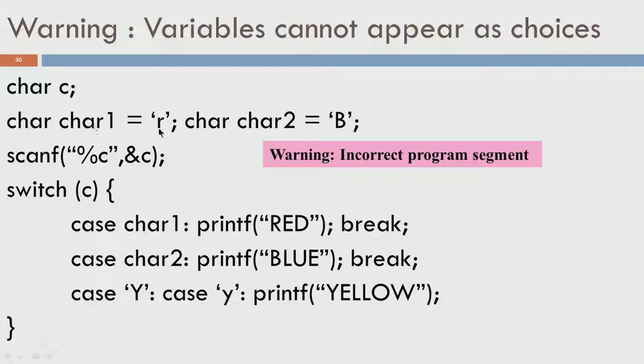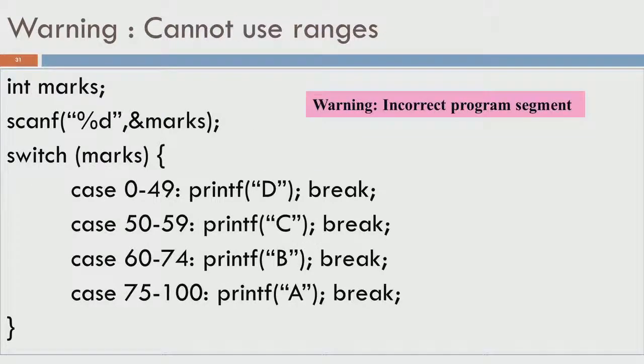Even though character 1 is initialized to a literal R, here you are putting a variable character 1 and that is not acceptable. So, C only allows constant expressions to be in the choices, you cannot put variables of any kind here. So, this is an incorrect program segment. If you try writing this in a program, you will see that the compiler actually indicates an error.